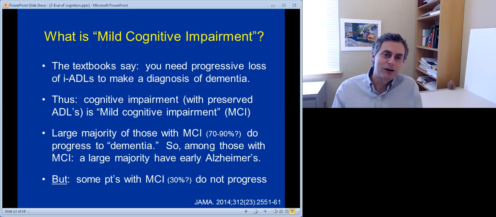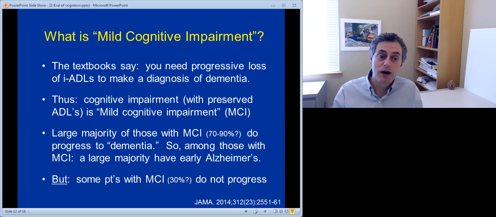So what is mild cognitive impairment? I can tell you when I was in medical school, I hadn't really heard this term. It is a relatively new diagnostic category. Textbooks say that you don't technically qualify for a diagnosis of dementia unless you have progressive loss leading to loss of independent activities of daily living.